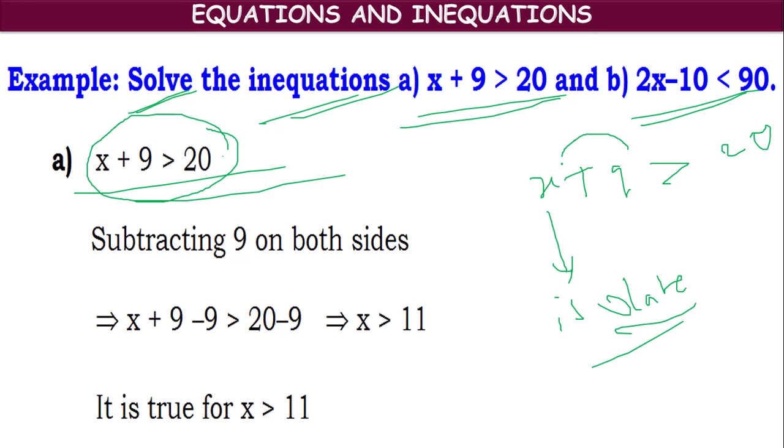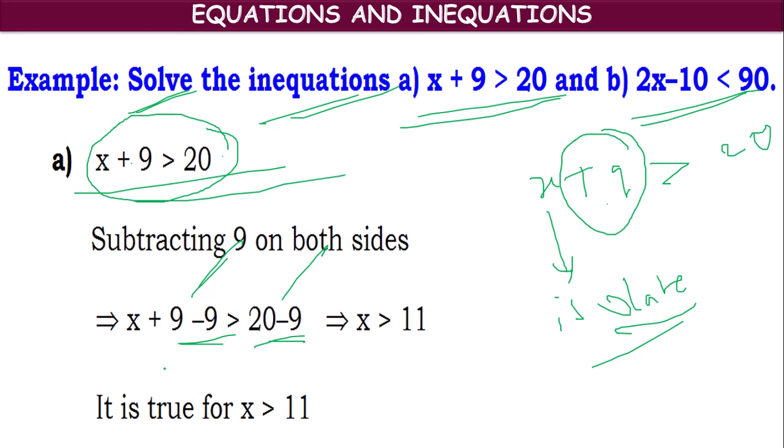So whatever extra value is there has to be removed, plus 9 is there. For removing plus 9, we can add minus 9, or we can subtract 9 on both sides. Adding minus 9 is the same as subtracting 9 on both sides.